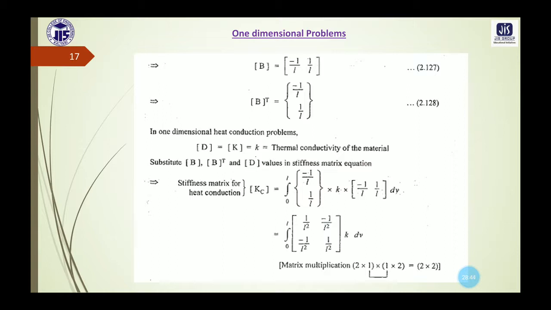Now, in any one-dimensional heat conduction problem, the D matrix is equal to small k, which is the thermal conductivity of the material.